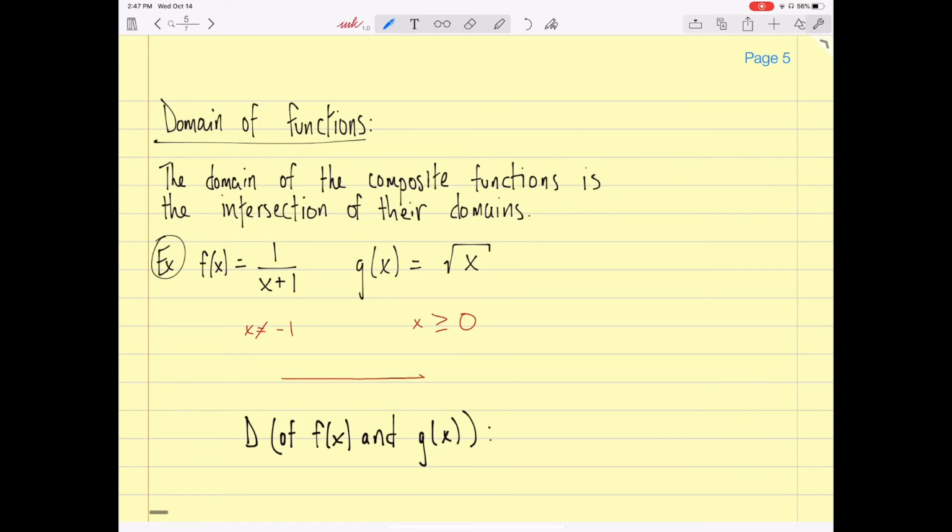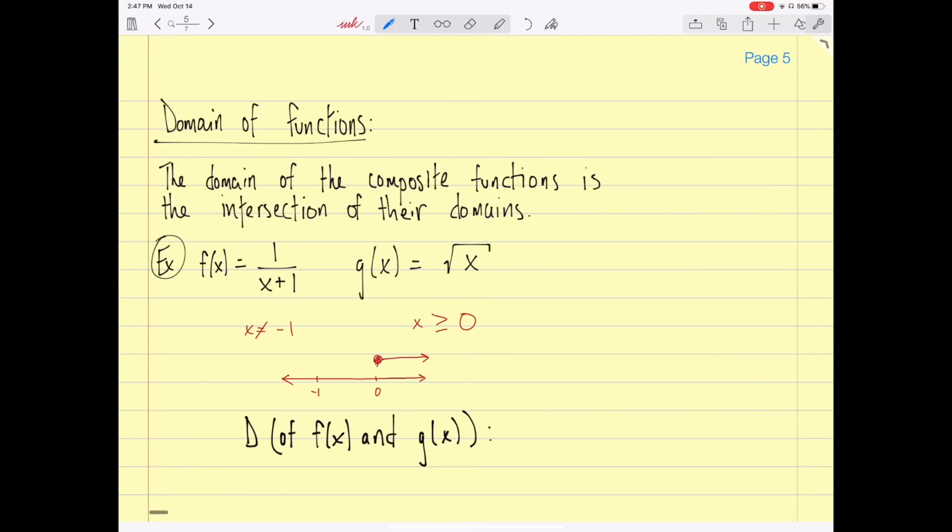Now, the question is, do those intersect? Well, here's -1 and here's 0 if I draw it on a number line. And at 0, I would have all numbers greater than or equal to 0, so I'd fill this in. And then -1 is just a value it can't be, so I can't graph it.